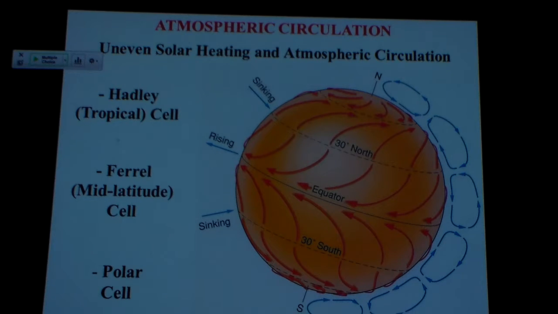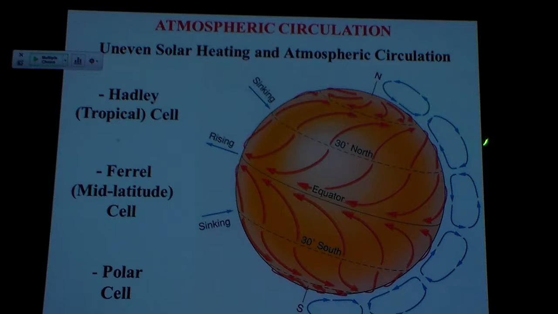And as it does that, it lifts, it cools, and it starts to spread out laterally. So a good chunk of this now spreads out, starts moving back toward the poles, nice and cold at the poles, it sinks again. So I've got another convection cycle going on up there, this time driven more by the sinking of the cold air at the pole.